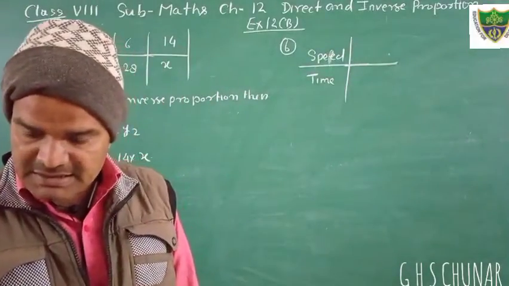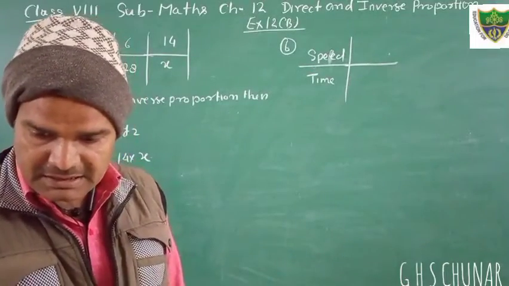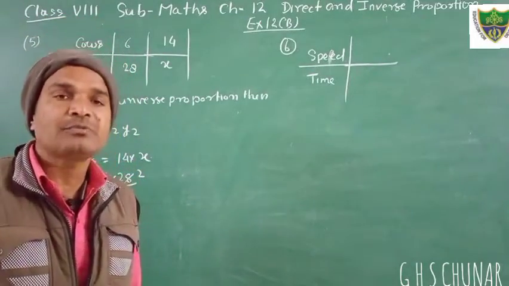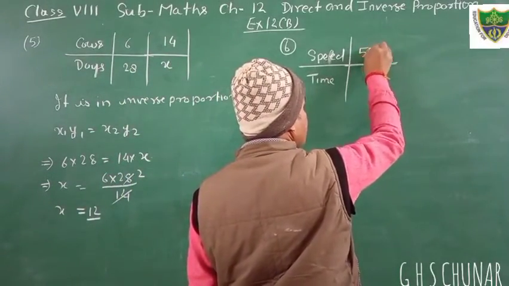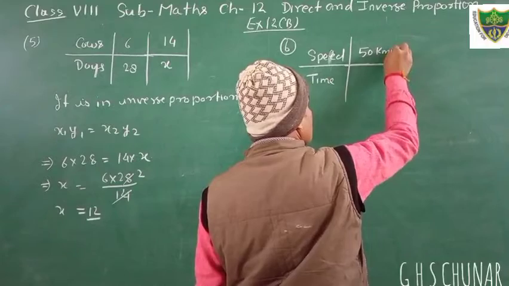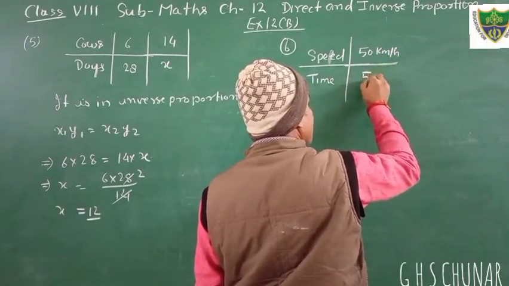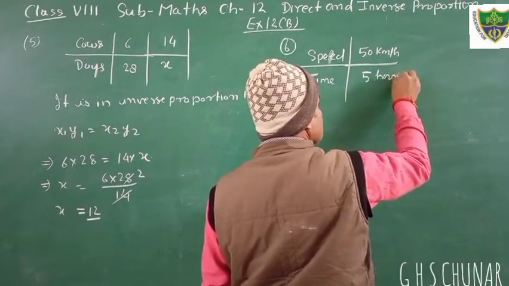When the speed is 50 km per hour, it takes 5 hours to reach the destination.